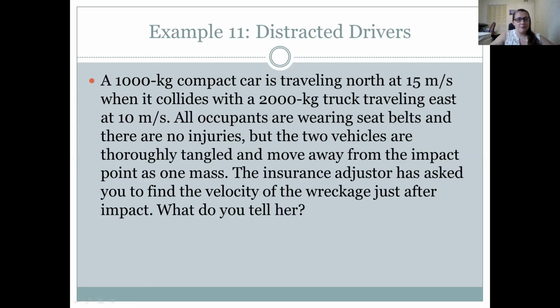Perfectly inelastic. We have a vote for perfectly inelastic. Does anybody second that vote? Gabriel, defend yourself. Why do you think it's perfectly inelastic?